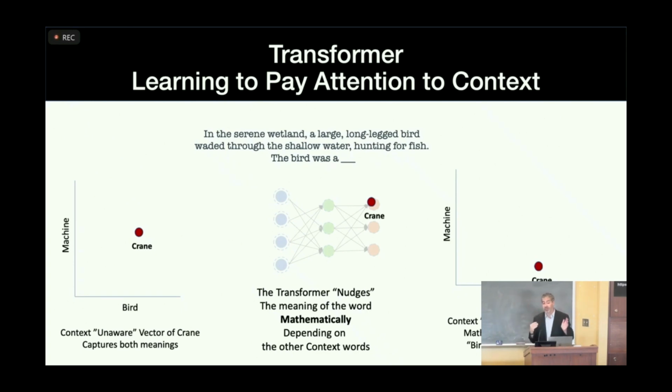So when you put it through the transformer, it nudges mathematically. So we now have a version of crane which is closer to bird. And that encodes the meaning, the crane version of bird. The vector that comes out is like crane nudged towards bird. And now it can understand, oh, you're talking about the bird.